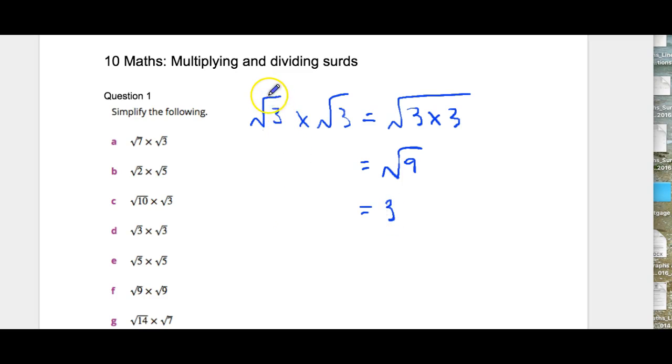So if you are multiplying the same surd, root 3 and root 3 in this case, you're actually just eliminating the surd. That just means the square root of 3 squared, because we've got 2 of them. The squared sign is the reverse of the square root, so that all disappears and you're just left with 3.